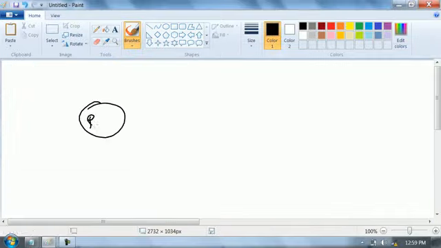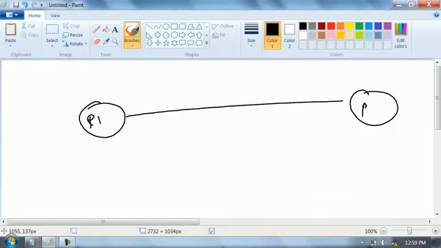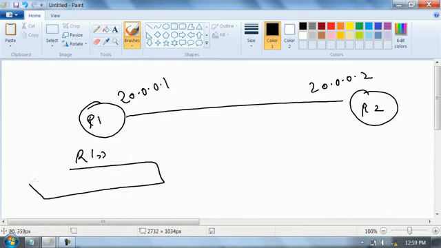R1, R2, here the IP is, here the IP is. Now R1 will say, I have traffic in which the source IP is, the destination is, source MAC is, no source MAC. Now what will R1 think? R1 is thinking that 30's network is directly connected to him. Agree?